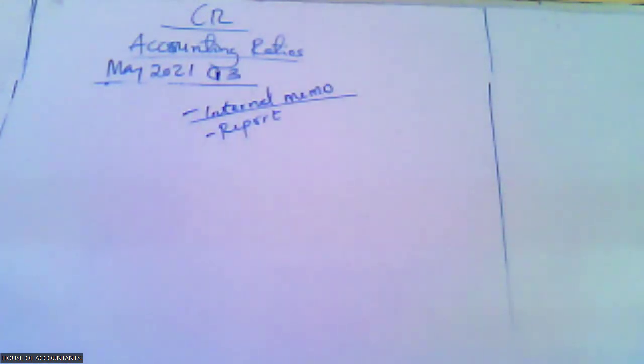In any other professional paper, most of the questions will be based on report. So if you are writing AA, they will ask you to write a report. If you are writing advanced tax, they will ask you to write a report. If you are writing case study, that one is a report on its own. If you are writing CR, they will ask you to write a report. If you are writing SFL, they can also ask you to write a report.